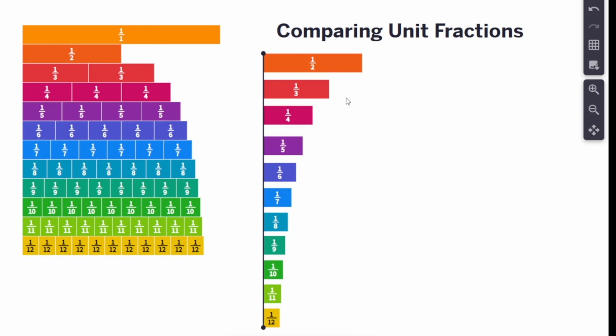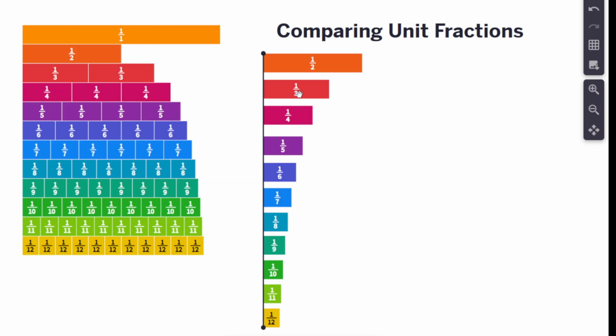What do you notice about these fractions as we look at them and compare them with each other? You'll probably realize that other than the color changes, the numerator is the same in each of these fractions. The denominator changes.